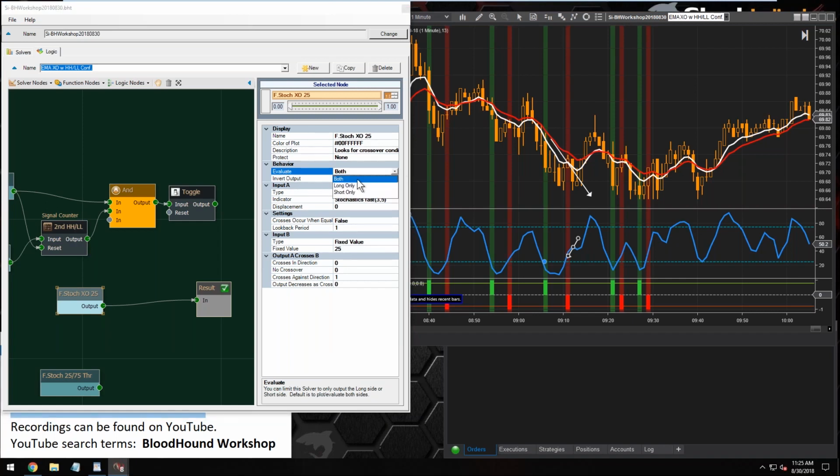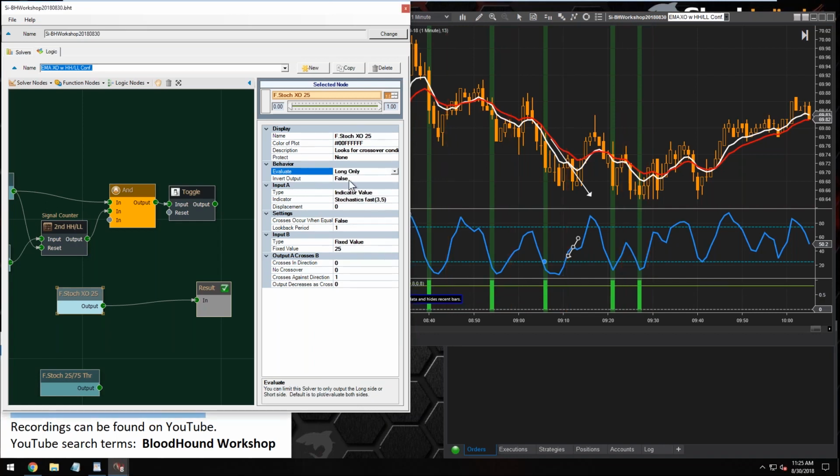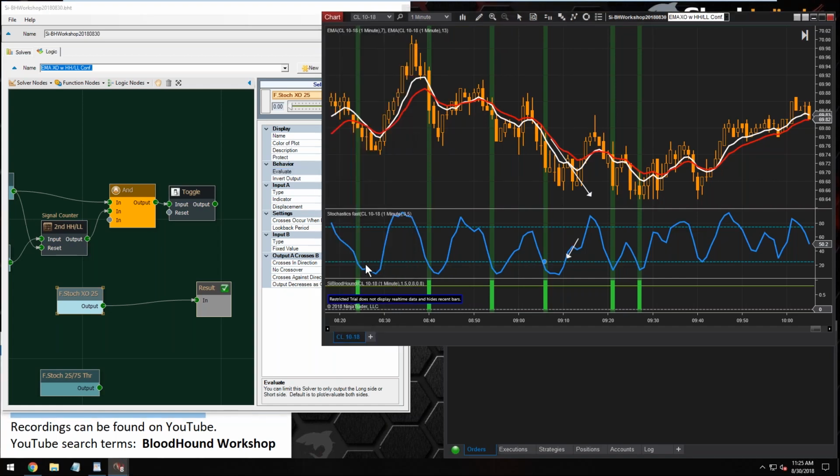So we can set the solver to only evaluate the long outputs here. There we go. So there's every time that stochastic crosses that 25 level.